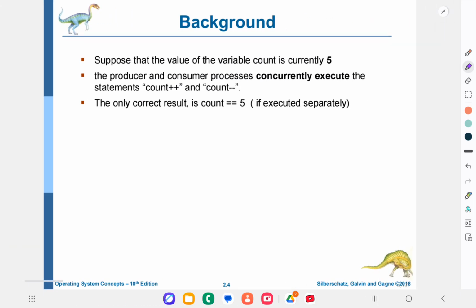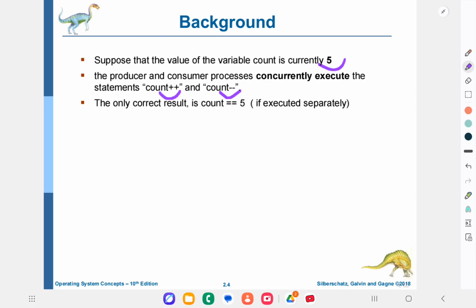So to further explain the motivation behind synchronization tools, think of a variable called count, which is currently equal to 5, right? Assume that the producer and consumer processes are currently executing concurrently, and one is trying to increment the shared counter, and the second is trying to decrement it, right?